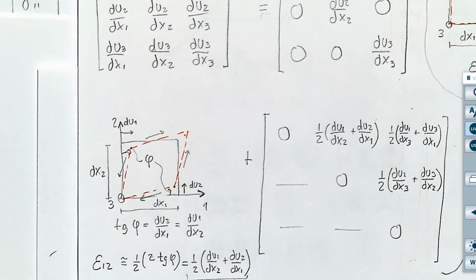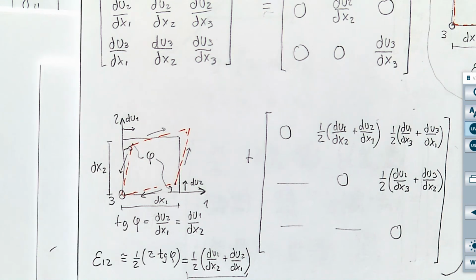This one is like that, 2, 3 will be like this one, and 1, 3 is going to be like this one. So you cannot produce strains by shear in a perpendicular plane.